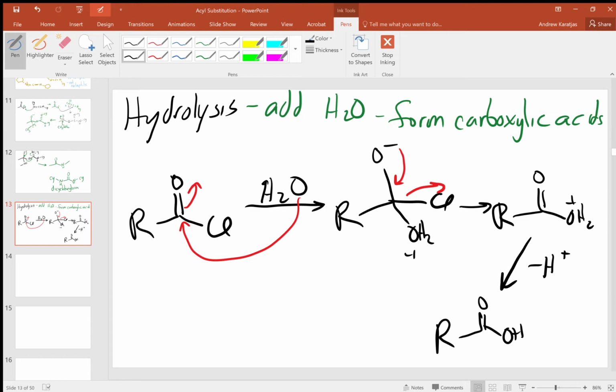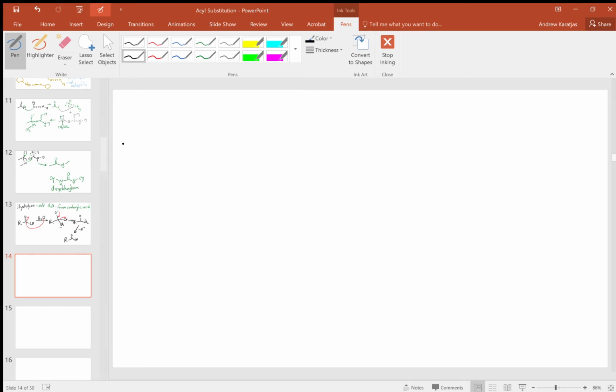For anhydrides, we're going to see in a moment that the story is largely the same. Realistically, the only real difference between the acid chloride and the anhydride reactions is the identity of the leaving group. But once again, as with acid chlorides, the anhydride is a sufficiently reactive carbonyl, a sufficiently good electrophile, that water can attack without any activation.